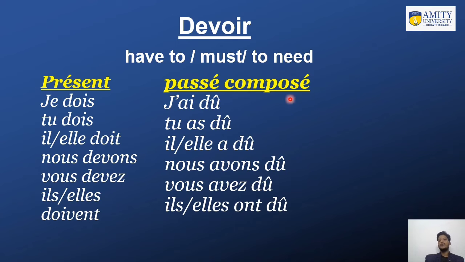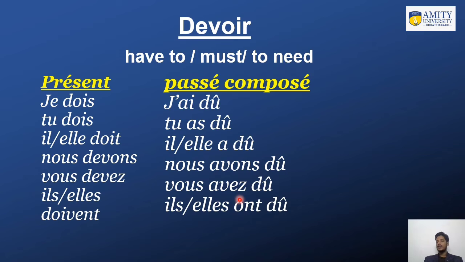There is passé composé. What is passé composé? Past tense, the action that is completed. In your course there is passé composé, so I have written the conjugation of passé composé. Now you know, to make passé composé you have to use either être or avoir as the auxiliary verb, but here it is avoir.